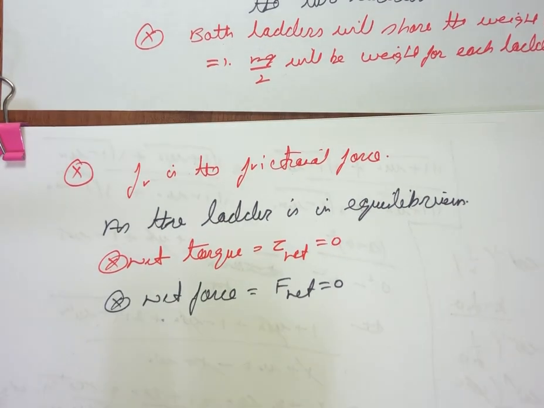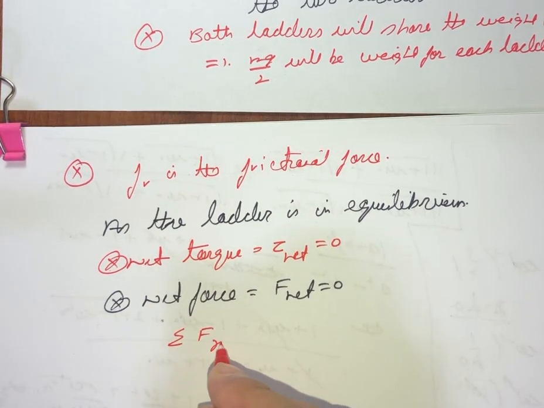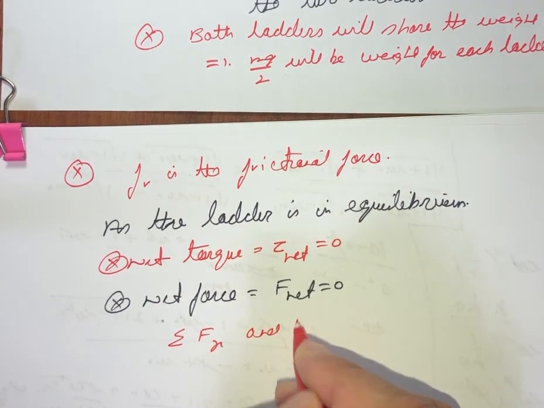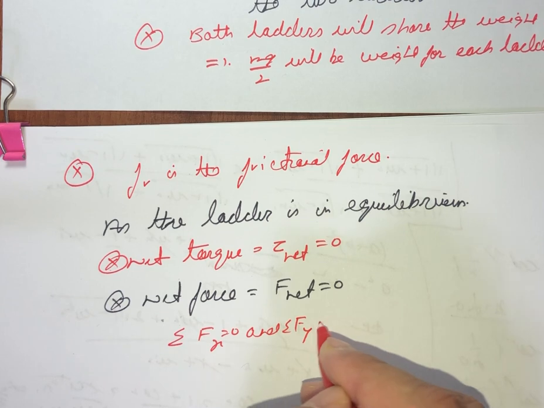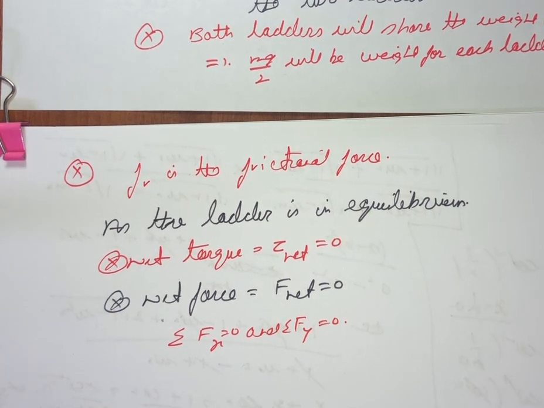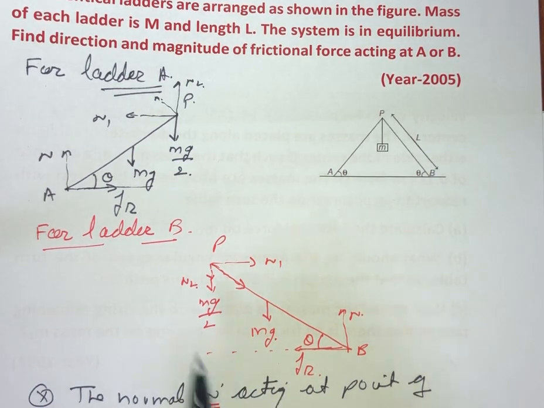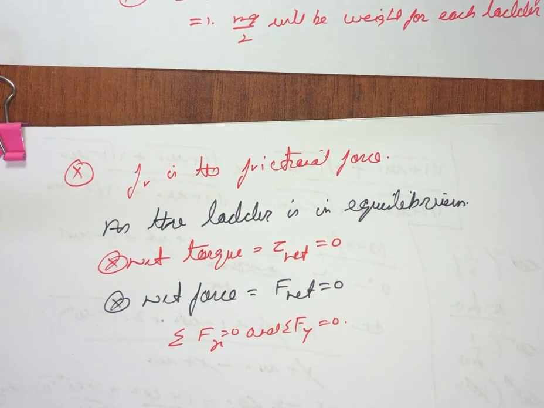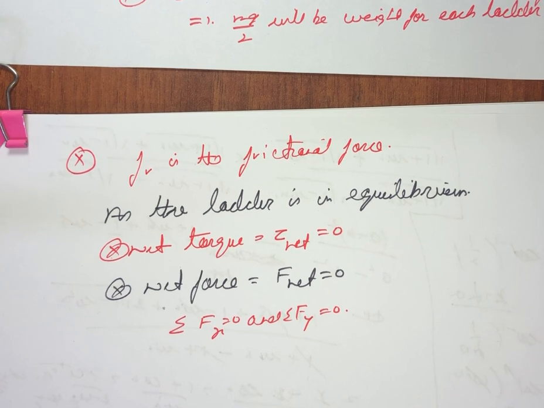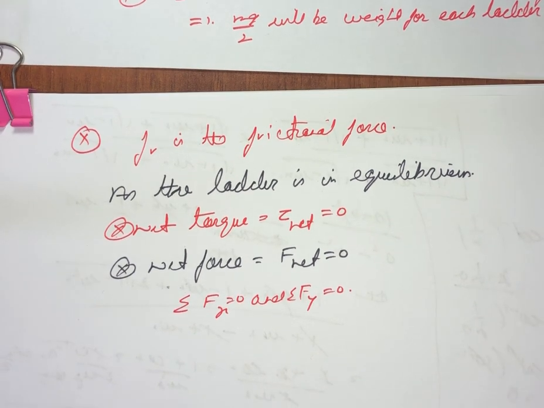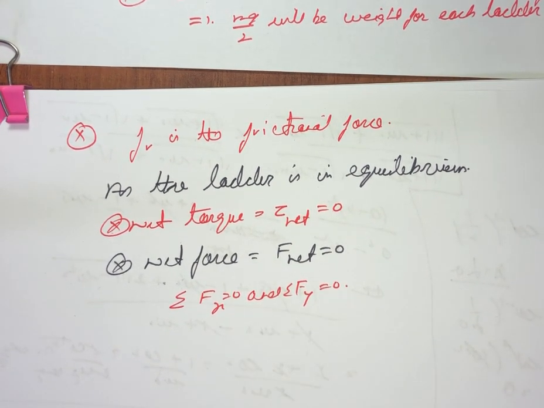Along with this, the summations of forces in the x direction and y direction will be respectively equal to 0. Now the torque will be because of the friction and because of the normal, which will be acting in the opposite direction, so they will try to twist the ladder. We can consider any one of the ladders A or B and try to solve it because they are almost mirror images of each other. So let us start with ladder B.